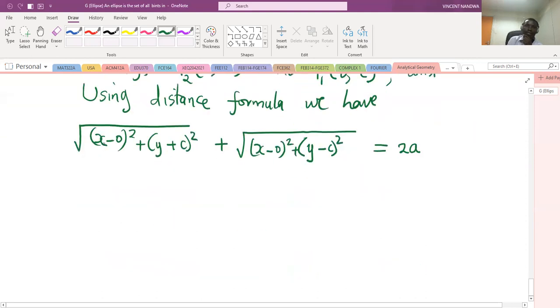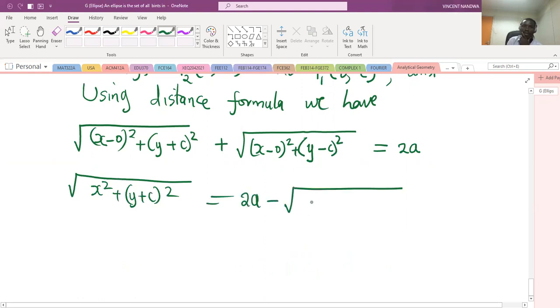And then we simplify this equation by taking one of the root terms to the right. So we say the square root of x squared plus y plus c squared equals 2a minus the square root of x squared plus y minus c squared.